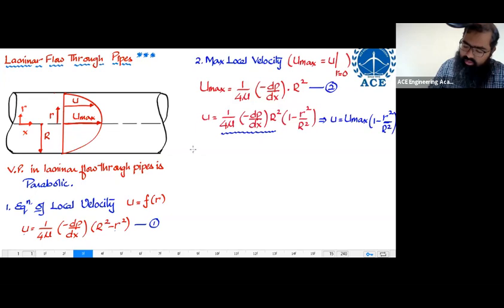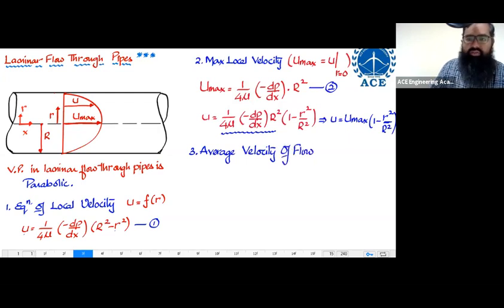Now come to the third point. This third point is probably one of the most important points in this entire chapter. It is regarding the concept of average velocity of flow.